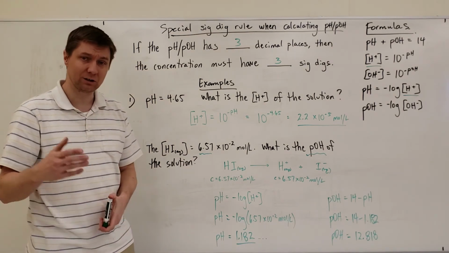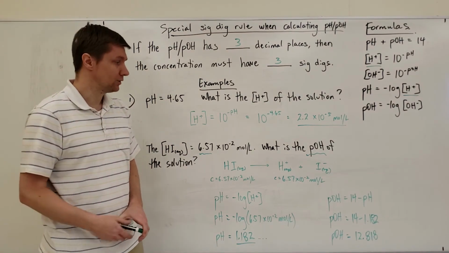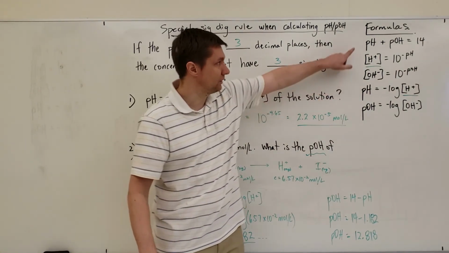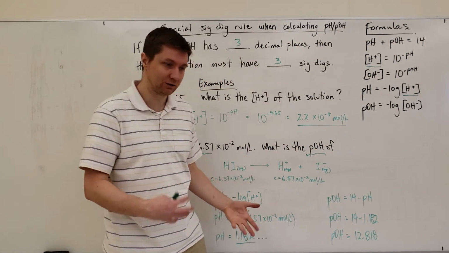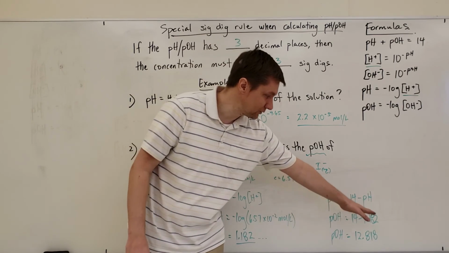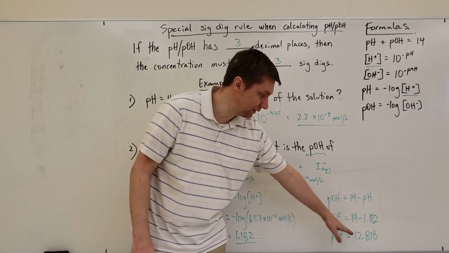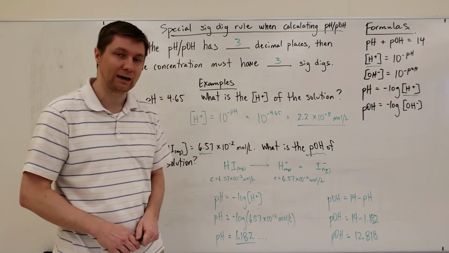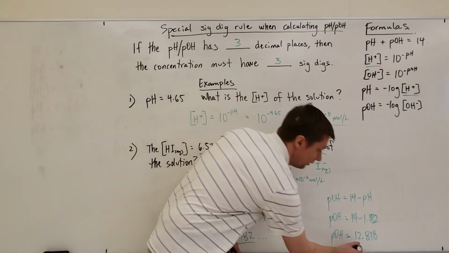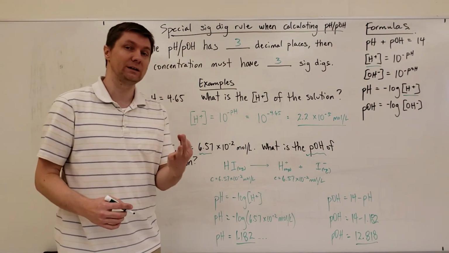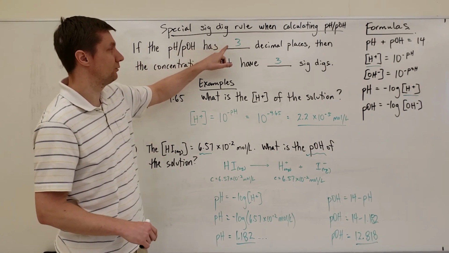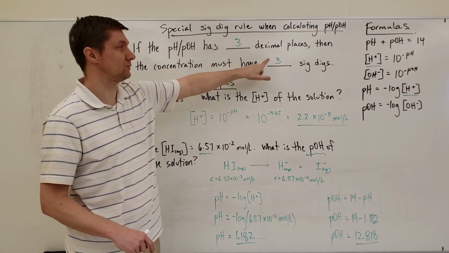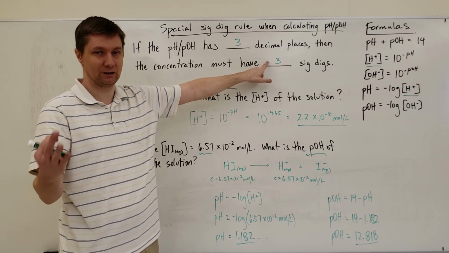And I want to calculate the pOH. To calculate the pOH, I'm going to use this formula really easily. Just 14 minus the pH is going to give me my pOH value. So I plug that in and I get a pOH value of 12.818. Notice that that is still written to 3 decimal places because my pH and pOH value must have 3 decimal places when my concentration has 3 sig digs.